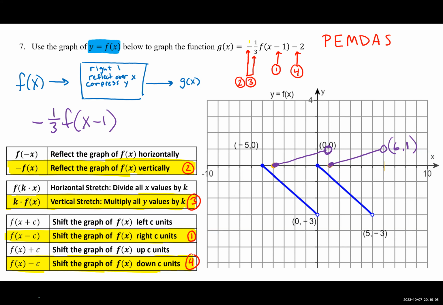So every point's going down by 2. So we take this first point right here, move it down 2 units. So now it's right here. And every point is going down by 2.